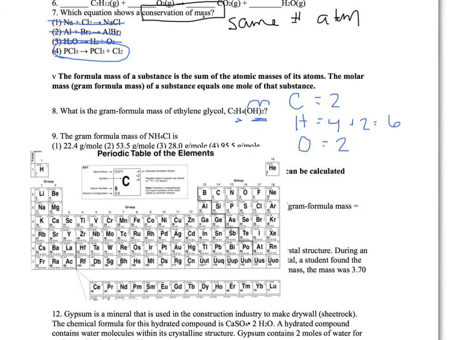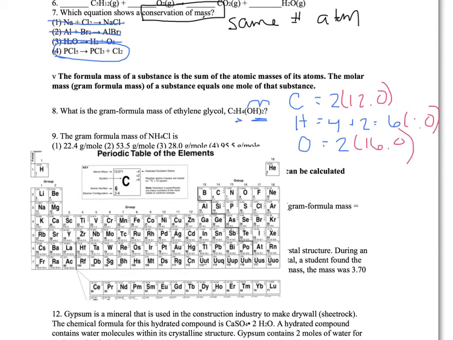Now recall that on the reference table, we can round masses to the 10th place. So the mass of carbon rounds to 12.0. The mass of hydrogen rounds to 1.0. And the mass of oxygen, 15.99, will round to 16.